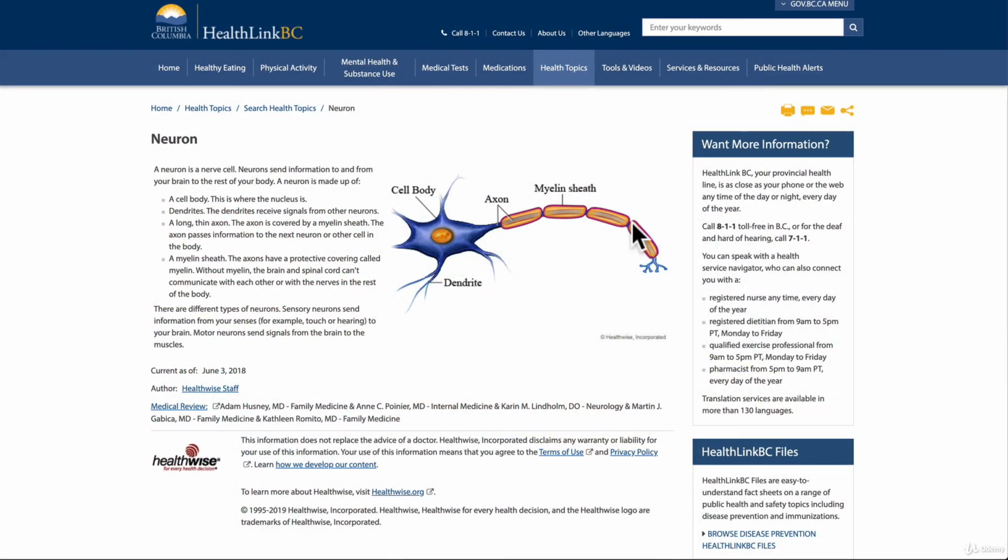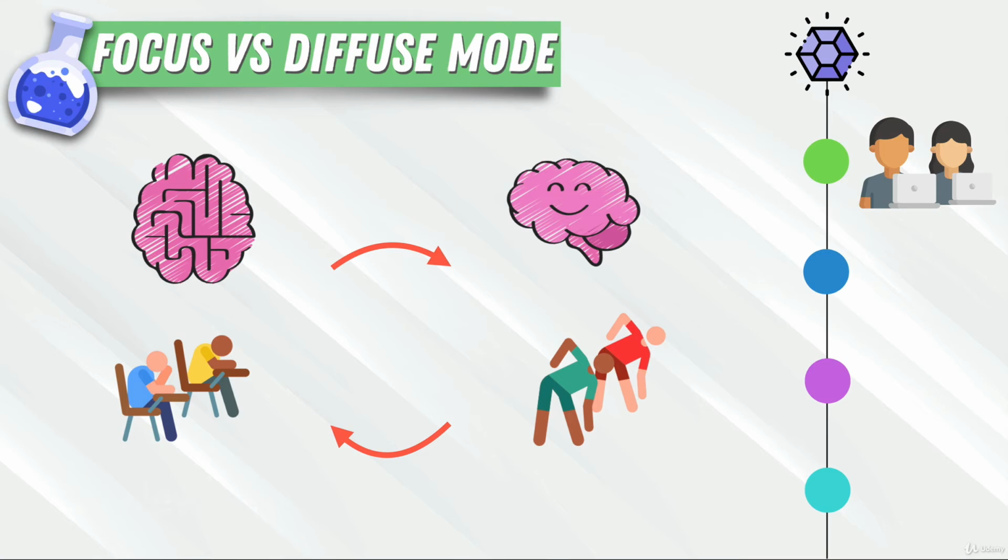When we use the diffuse mode of thinking, when we relax and let our mind wander, or even fall asleep, it lets our brain create these myelin sheaths to make those connections more efficient. So this means that going back and forth between focus mode and diffuse mode allows our brains to grow and build our brain like a muscle.